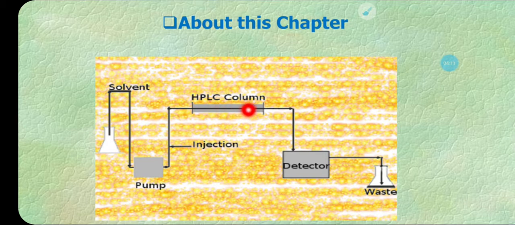After separation of the sample, the eluent, that means mobile phase plus sample, is eluted and passes through the detector. The detector records the response of the mobile phase plus sample, and then the mobile phase plus sample goes into the waste. So this is the simple concept of high performance liquid chromatography.